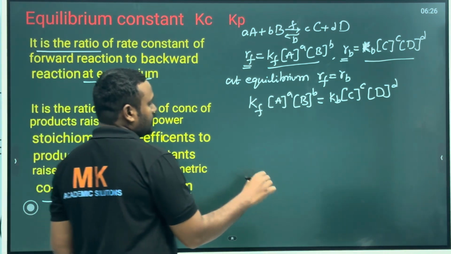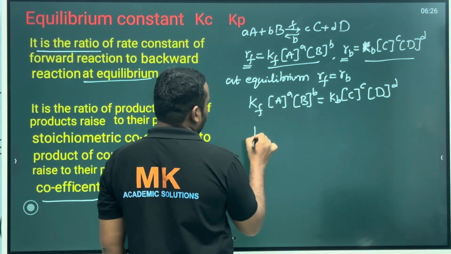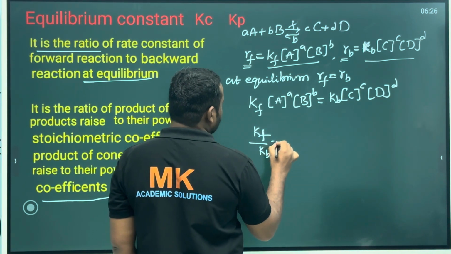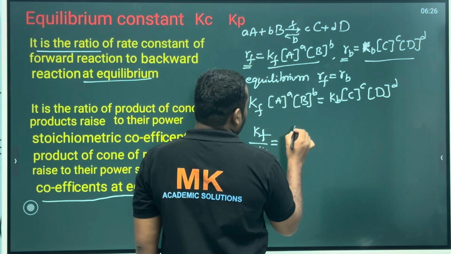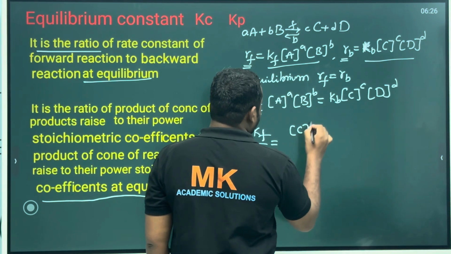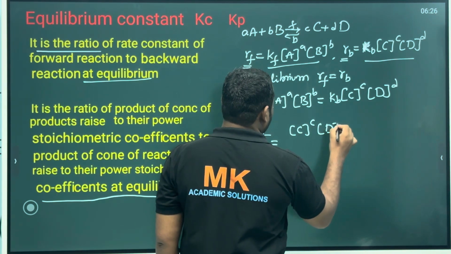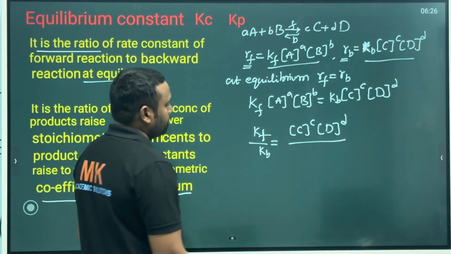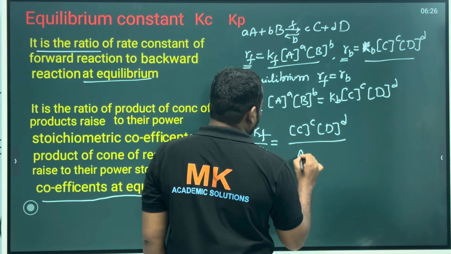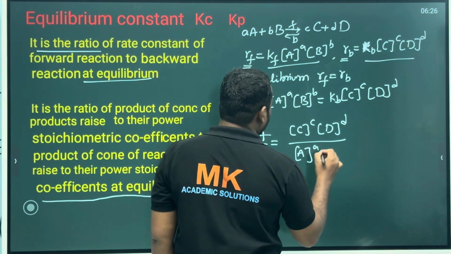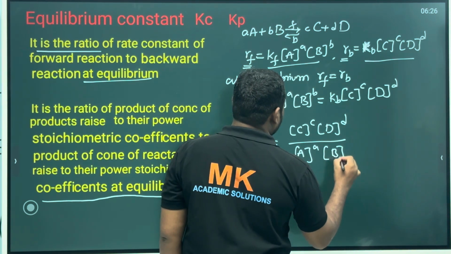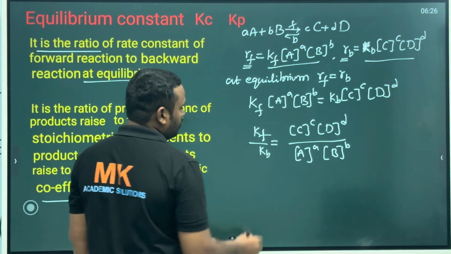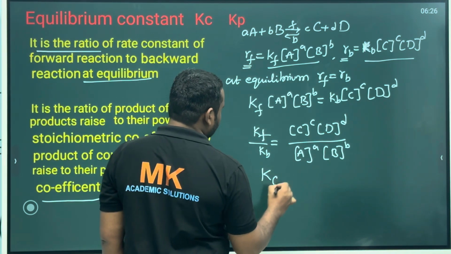Now let us bring the same terms to the same side. Therefore, Kf by Kb is equal to concentration of C power c, concentration of D power d, by concentration of A power a, concentration of B power b. So here Kf by Kb is called the equilibrium constant Kc.